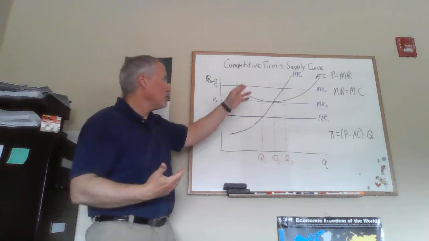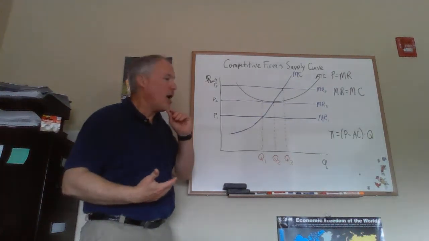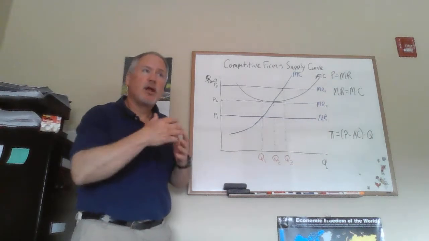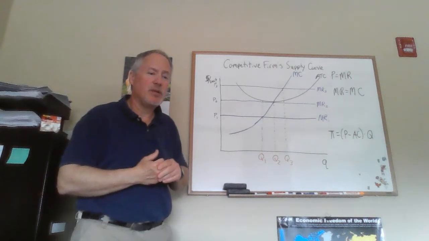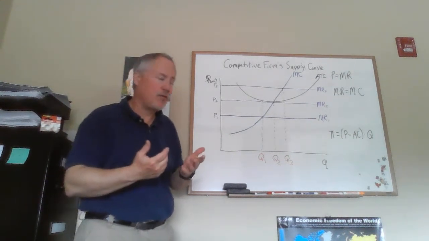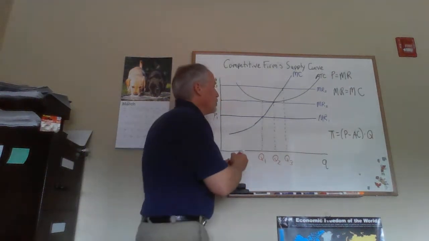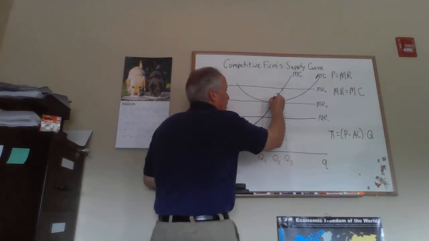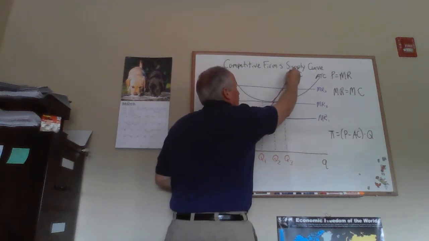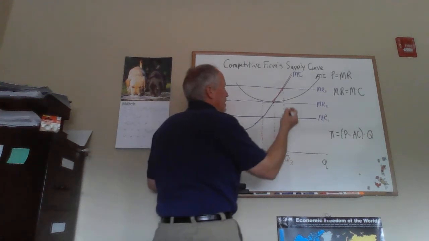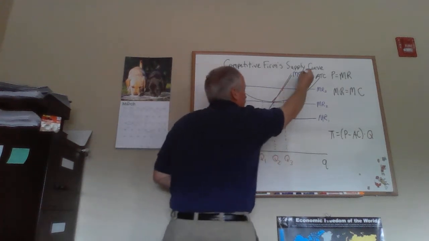So when we think about the supply curve here, the marginal cost curve, if it's the short run, the marginal cost curve is going to be the supply curve for the firm. If it's the long run, then this marginal cost curve is only the supply curve if we're at a price where the firm's going to actually make money, going to make at least a zero economic profit.